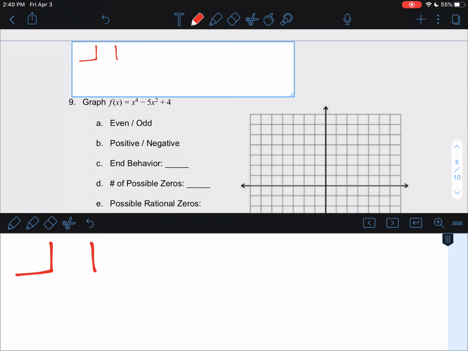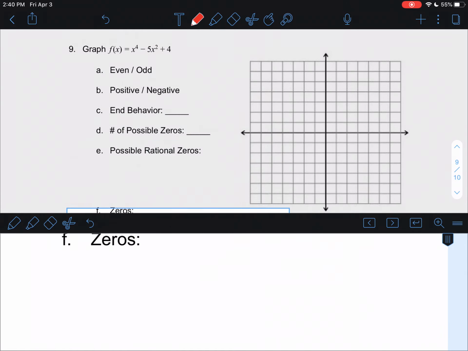Since it's not x to the 3rd, that means that we have 0 x to the third. You're not going to say 1, -5, 4, because those aren't the coefficients. There's also a 0. And then we have minus 5 x squared. And then once again, working for x, there is no just plain x. So it's 0 and 4. So when you do your synthetic division on this problem, you're going to set it up with 1, 0, -5, 0, 4.